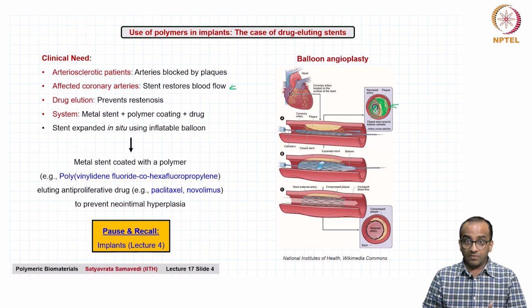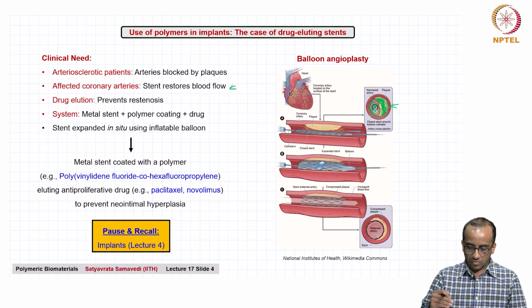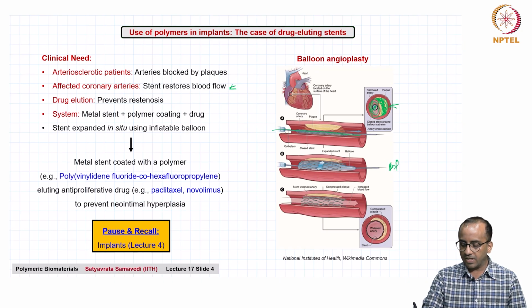And what we have seen is one way to get rid of this problem is to use stents, where a stent is placed around a deflated balloon such as this. It's inserted and the balloon is inflated once it is placed inside.